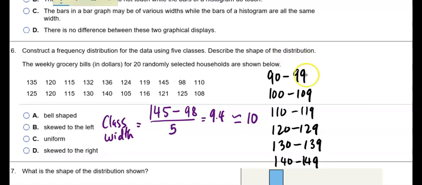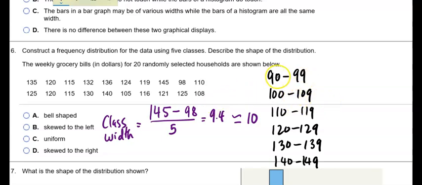So I have 6 classes here, starting with 90 to 99. Notice that everything less than 100 goes in the first class, even 99.56. And in the second class, everything greater than or equal to 100 but less than 110 goes in the second class, and so on.